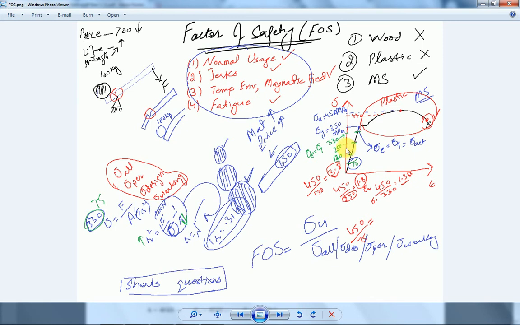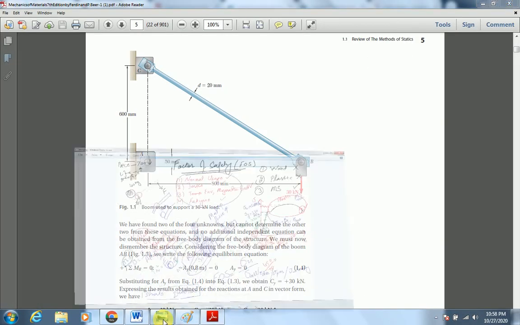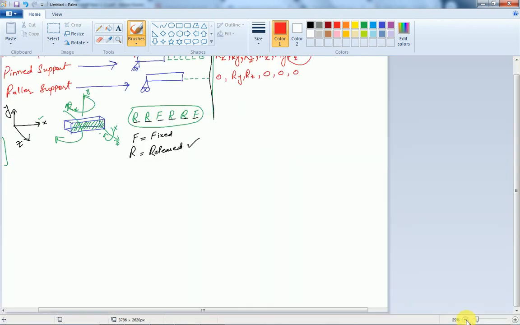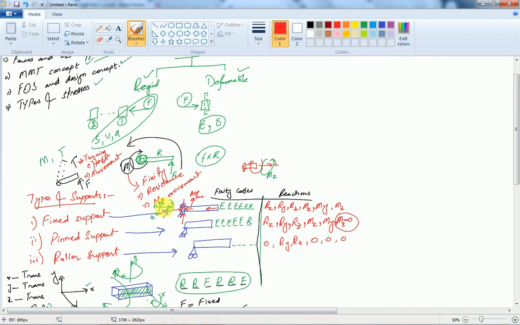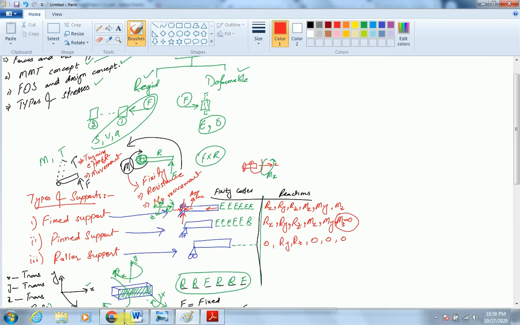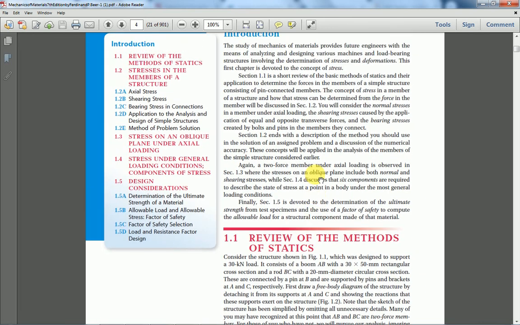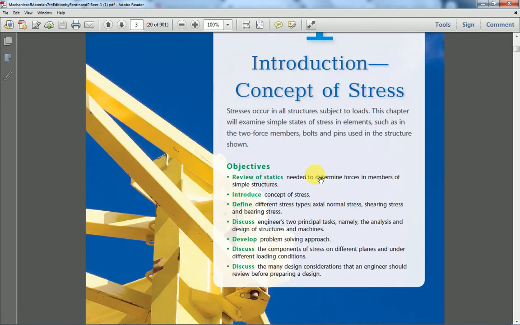So after all these prerequisites we have gone through so far, we are ready to start our problems from the book. This is our first chapter, Introduction: concept of stress. We have already gone through the concept of stress in detail at the start.